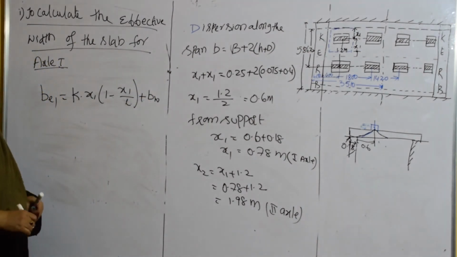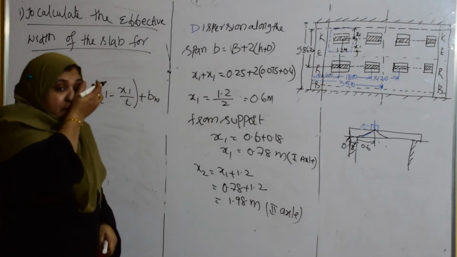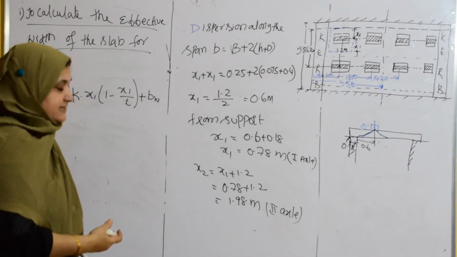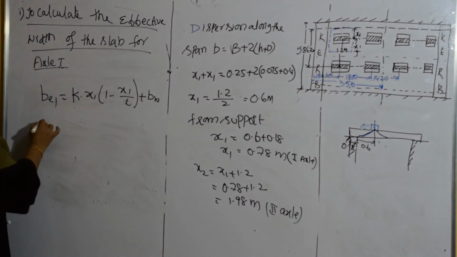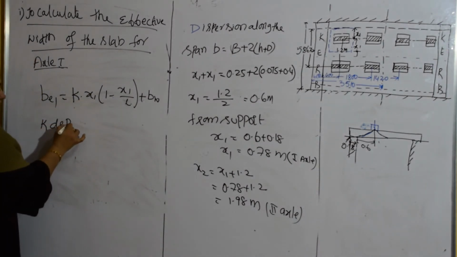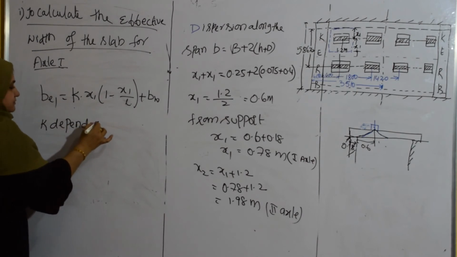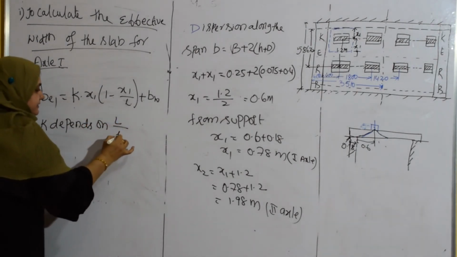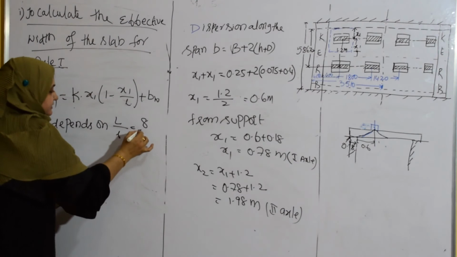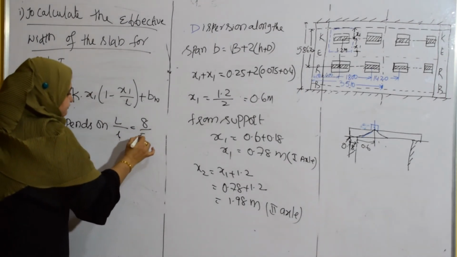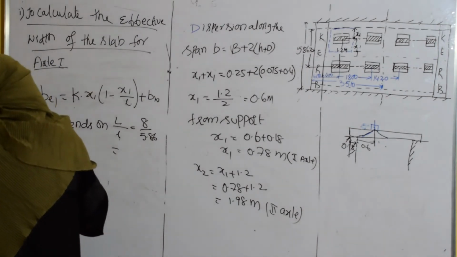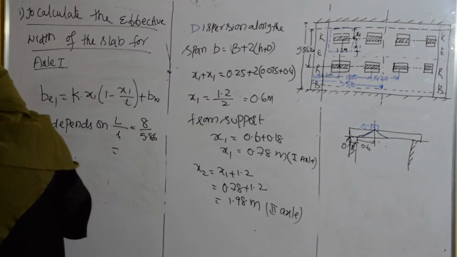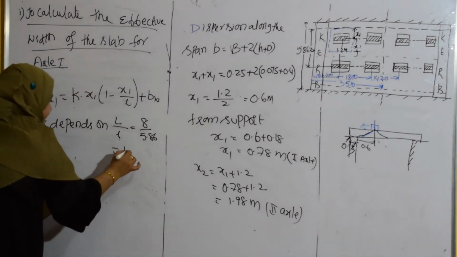So once again, as we did in step 3, now in step 4 we have to do the same thing. x1 we have already calculated, now you have to calculate K. K depends on the ratio of B by L, where B is the total carriageway width and L is the span, which is 5.86. The same value remains: we got that value as 2.7 by 5.86, which is 1.365.